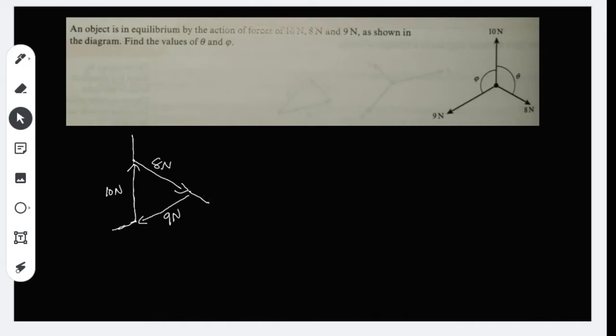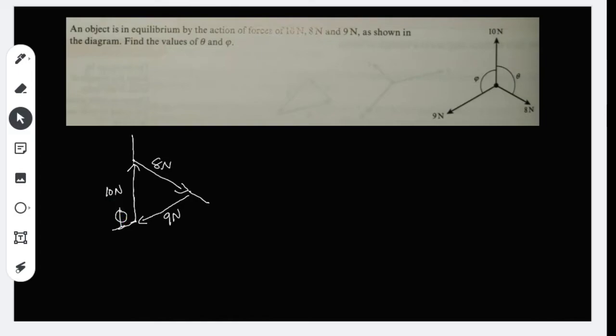Now, based on the problem, the opposite of 8 Newton is the P. So that's why we're going to write the P this way, in here. So this will be your P here. Okay, that's the opposite of 8 Newton.